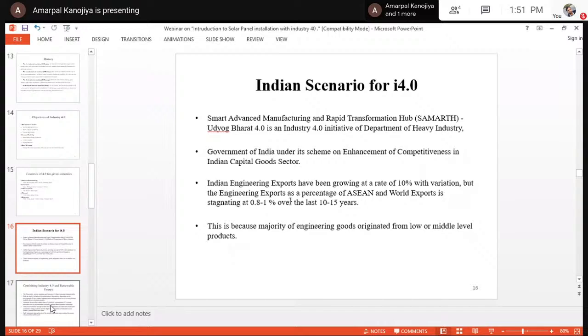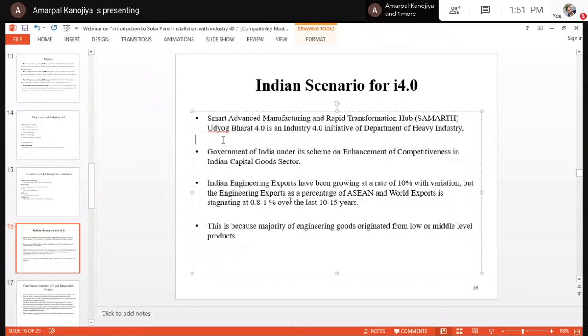Now, if we see the scenario of India, the Government of India has a program called the Smart Advanced Manufacturing and Rapid Transformation Hub, SAMARTH.